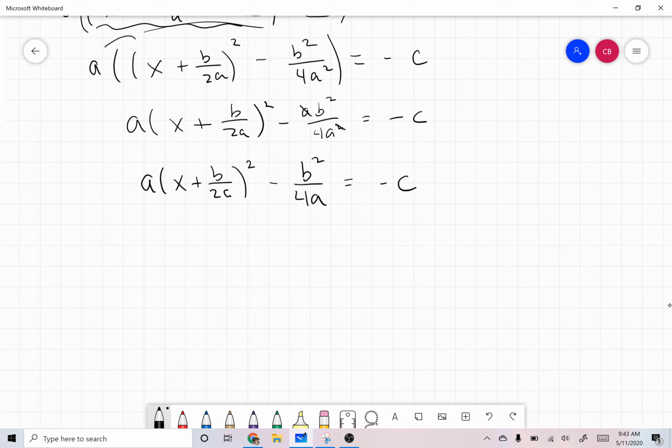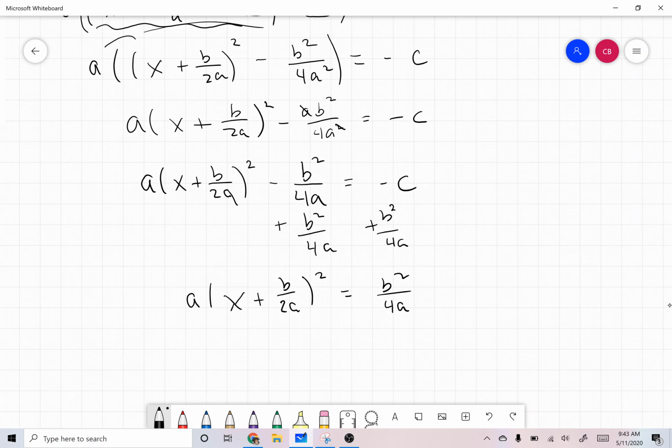We're going to add b squared over 4a, and that's going to give us a times x plus b over 2a, oh, this should be an a, sorry, 2a, squared is equal to b squared over 4a minus c.